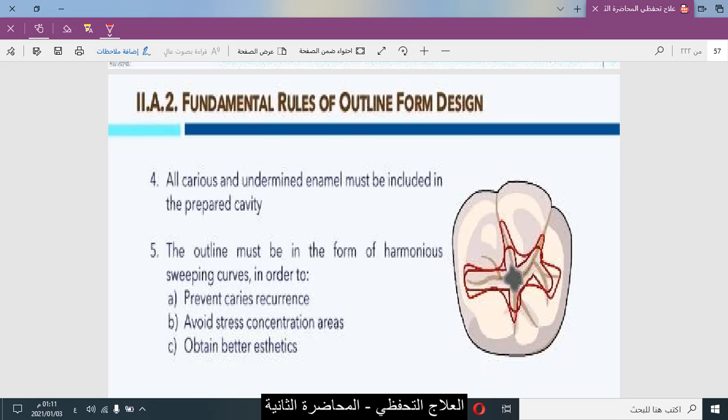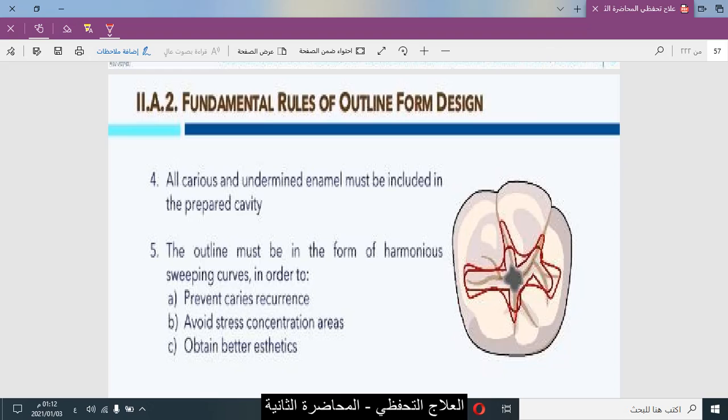The second thing we have to do is harmonious sweeping curves for the outline of the cavity, with rounding, so the stress will not be concentrated, and the restoration and the tooth cannot be fractured.